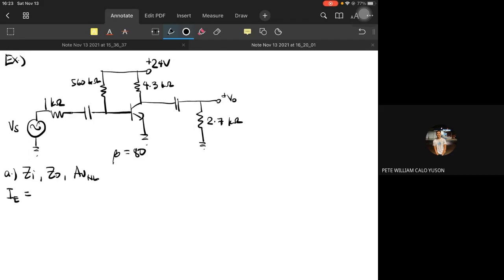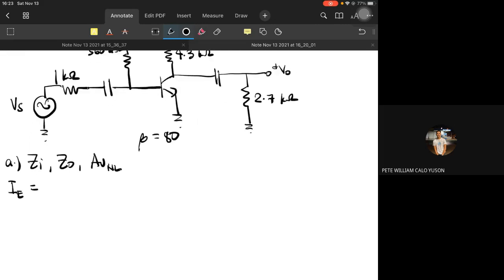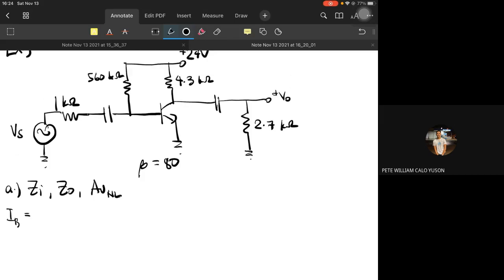How much is IE? So page 193. Let's solve IE. It is a fixed bias device, right? IB is equal to VCC minus VBE, VCC is 24 minus 0.7, over 560K. So IB is equal to 41.6 microamperes.